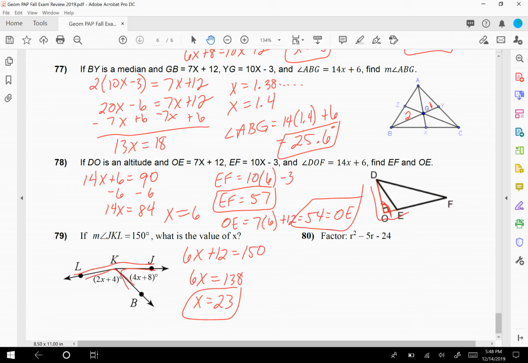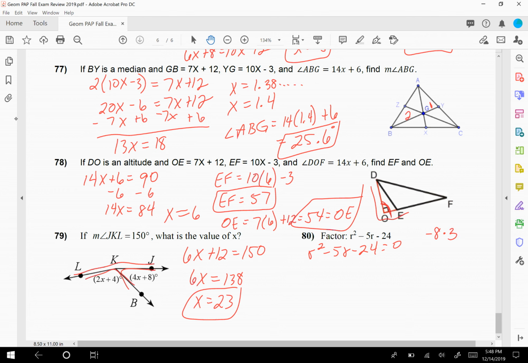Okay, next, the last one, we need to factor r squared minus 5r minus 24. So r squared minus 5r minus 24 is equal to 0. And so now we need to think of two numbers that when we multiply them, we get negative 24, but then when we add them, we get negative 5. So I can think of negative 8 and positive 3.